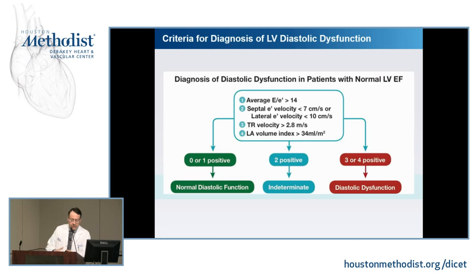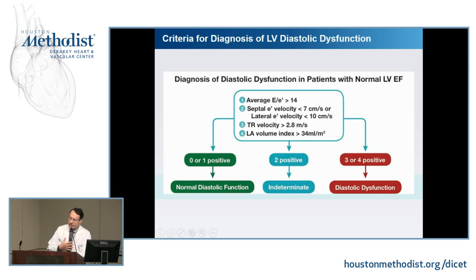So the bottom line is you want more than one signal, the more confident you are in your diagnosis. Some of these parameters reflect an elevated LAP or a consequence of a previously elevated LAP, as the LA maximum volume index, but we want it to be more specific. And these are the cutoffs that you have and how many of them should be abnormal to call diastolic dysfunction indeterminate or normal.